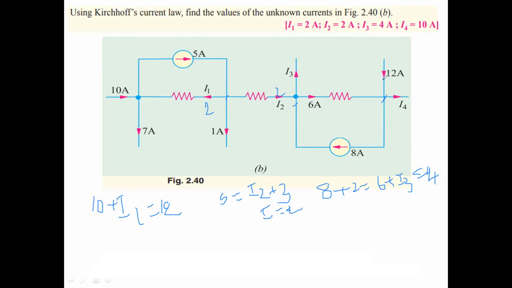Bringing 8 to this side, 18 minus 8 gives I4 as 10 amperes. So like this we can find the unknown currents by using KCL, Kirchhoff's current law.